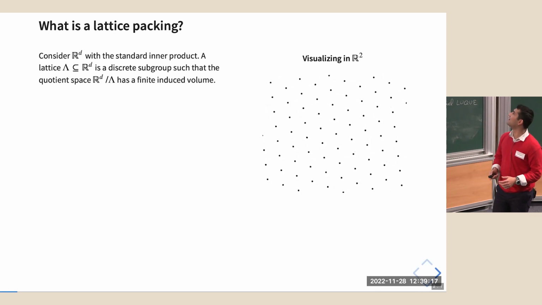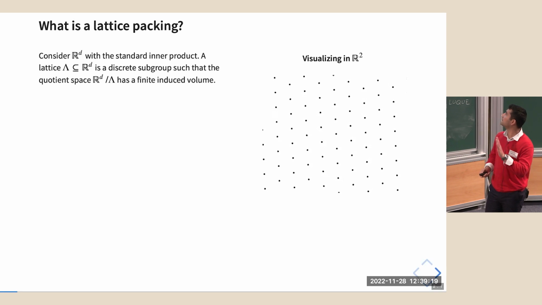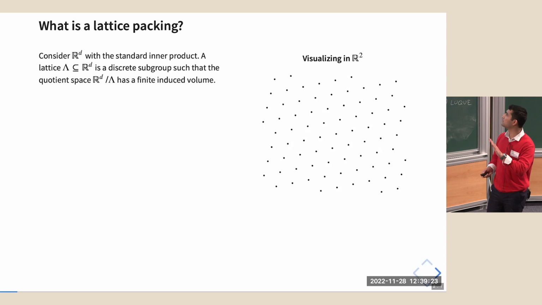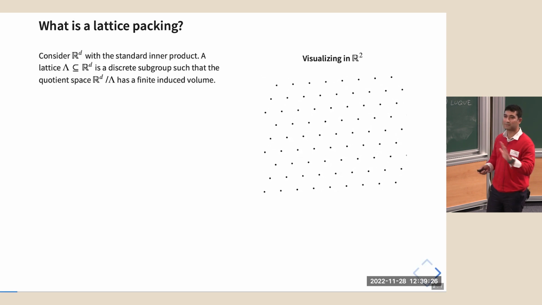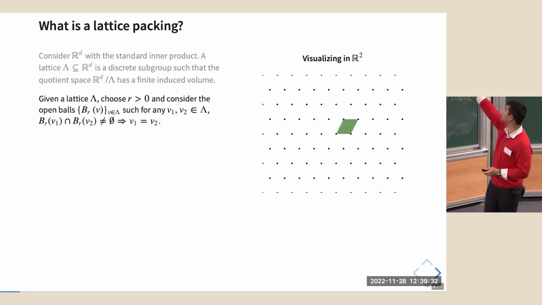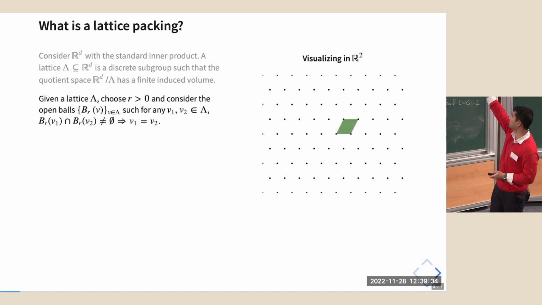All right. What is a lattice packing? You consider a discrete subgroup such that the quotient space has finite volume. Okay, so here is some visualization happening. This is an example of what I mean by the quotient space in this green box, right?